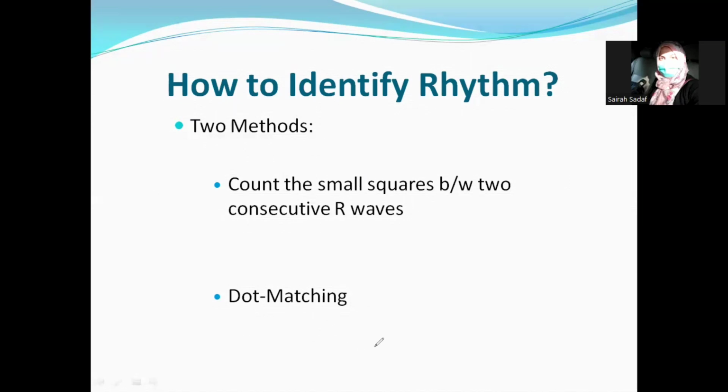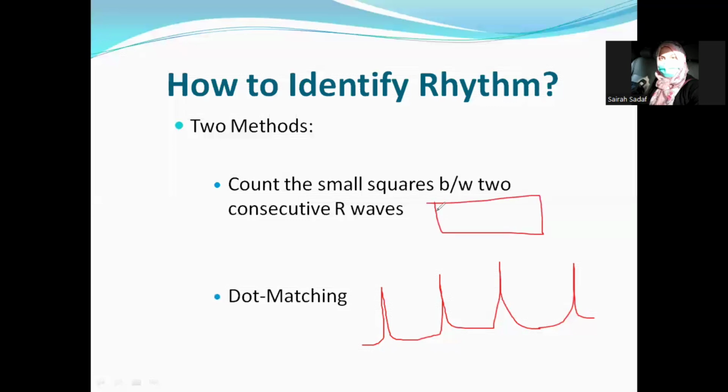The dot method is way easier and it's for the very new people. Let's say this is R wave, this is R wave, this is R wave, this is R wave. What you have to do, you have to take a piece of paper.